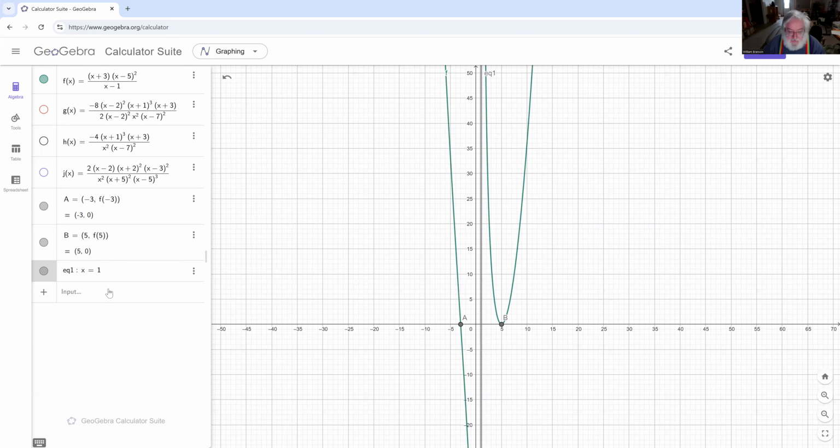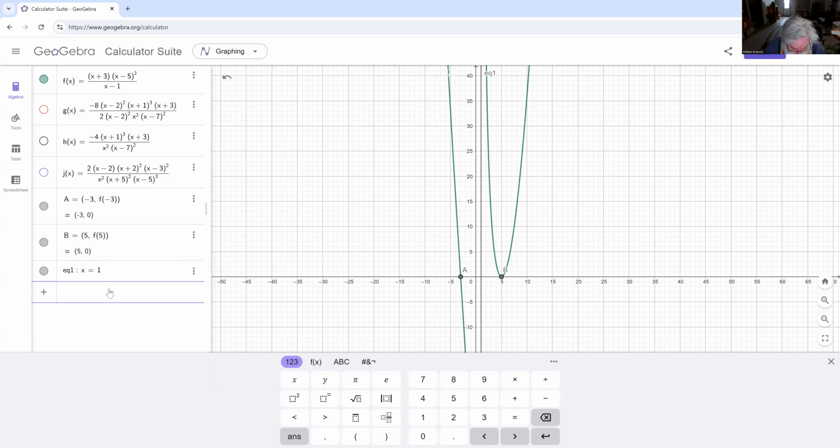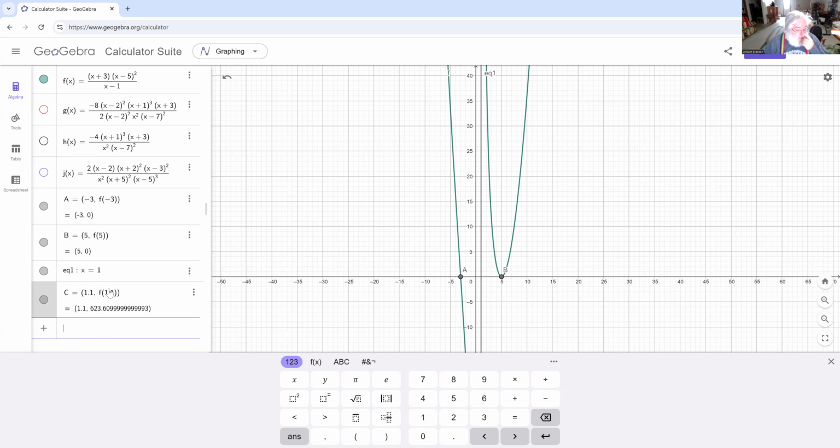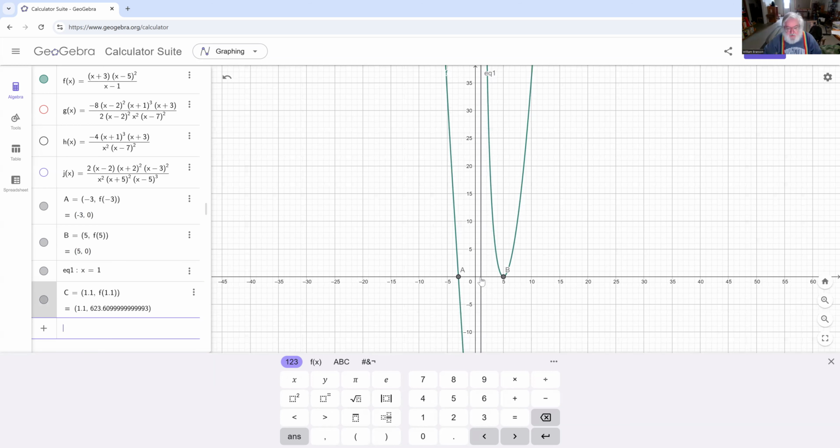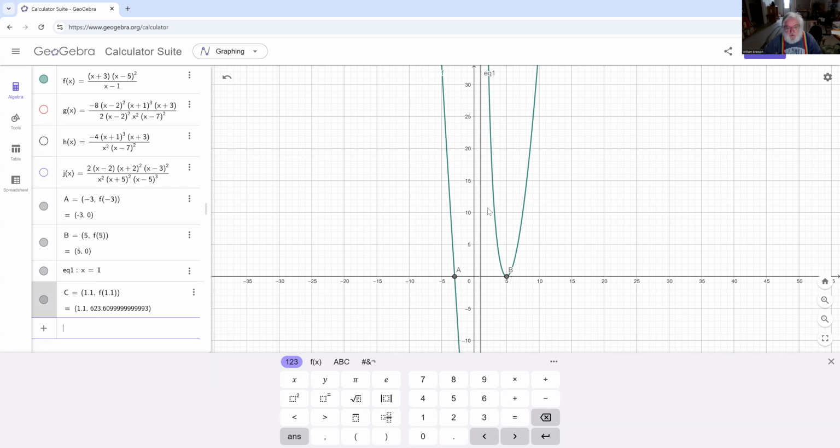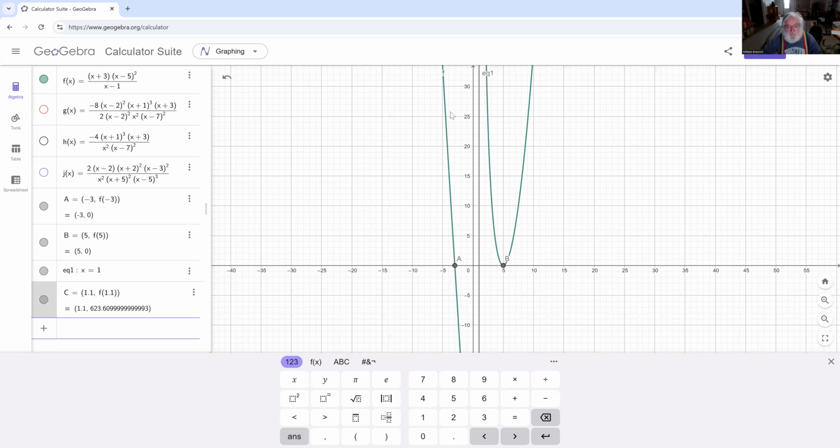The numbers we had were 1.1 and f of 1.1, and that gave us 624. So if we get close to x equals 1, if we're at 1.1, our y values are way, way up.